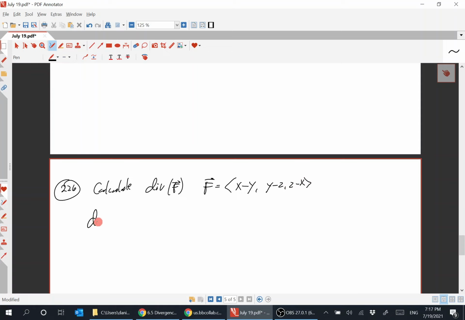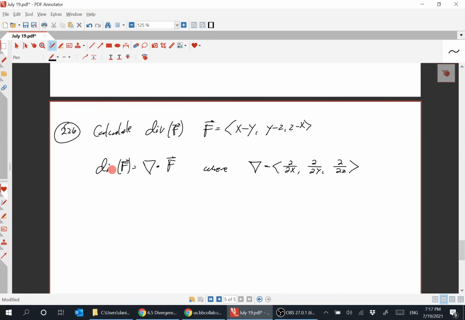And just to remind you, the divergence of f is the gradient vector del dot product with f, right? Where del is the vector of partial differential operators with 3 variable functions.